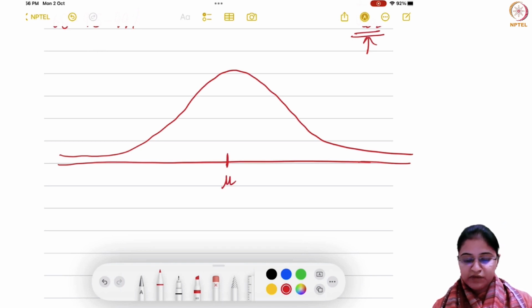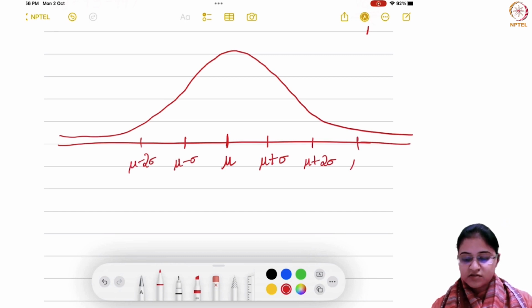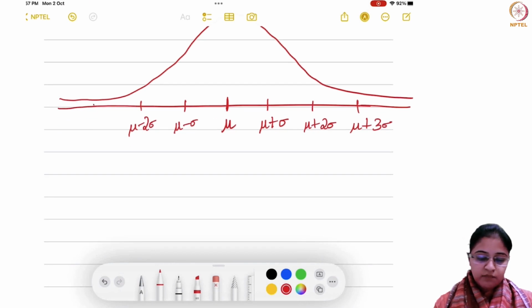Mean is in the middle. If you add some standard deviations, mu plus sigma here you get, and here you will get mu minus sigma. Likewise, you can add twice the standard deviation. It will be mu plus 2 sigma. Here you will have mu minus 2 sigma. Likewise, you will have mu plus 3 sigma and mu minus 3 sigma.